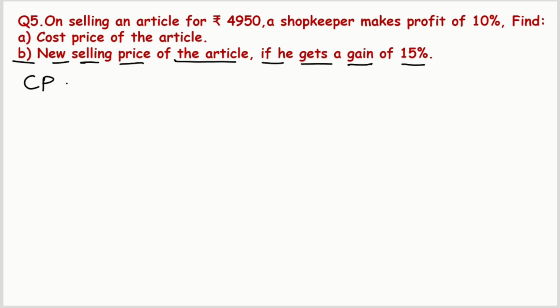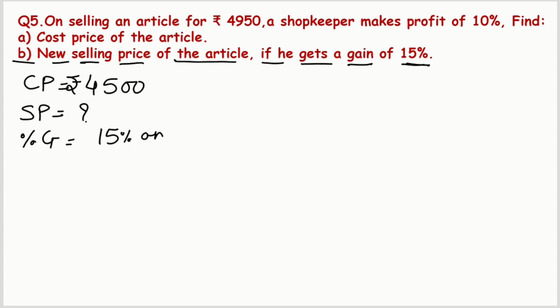So cost price we have calculated, which is 4500 rupees, and SP we have to calculate, and percent gain, this time percent gain is what? 15% on CP. So we'll apply the formula SP is equal to CP plus percent gain on CP.